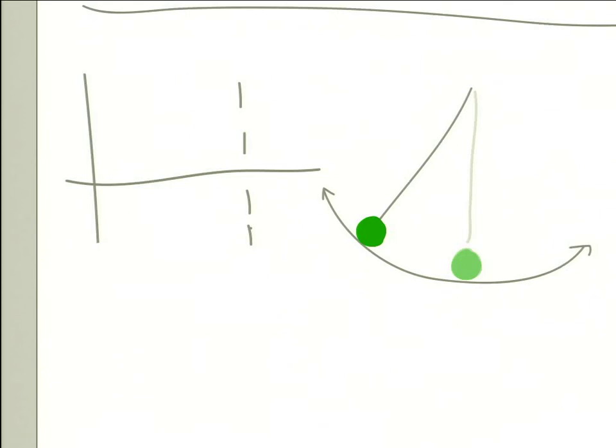In this case, you can see the pendulum has just been drawn off a certain distance away from an equilibrium point. And so our equilibrium point now is the bottom of the fall of our pendulum.